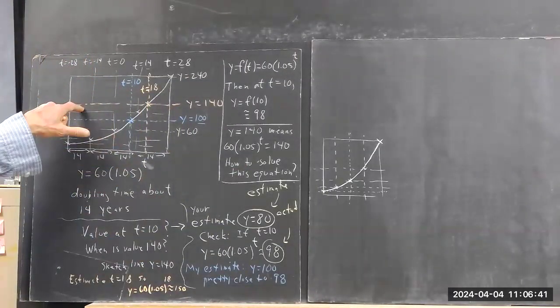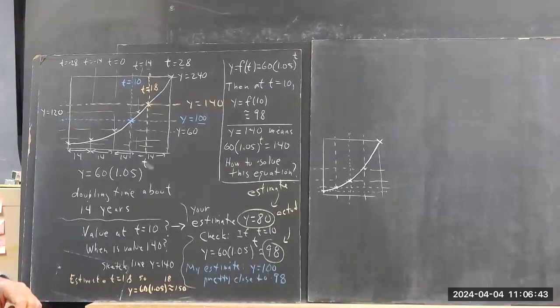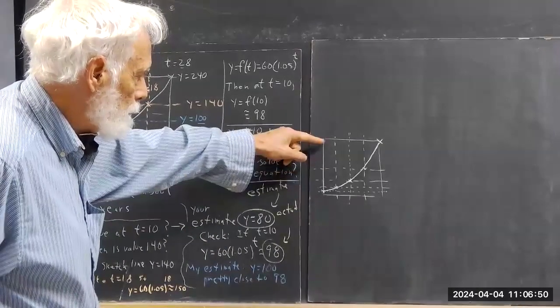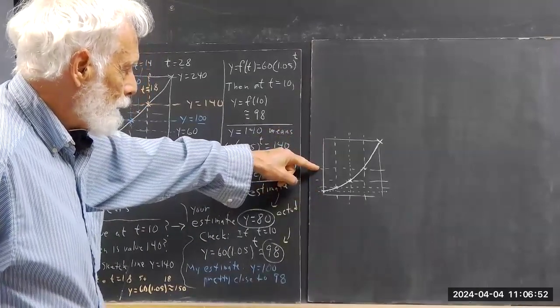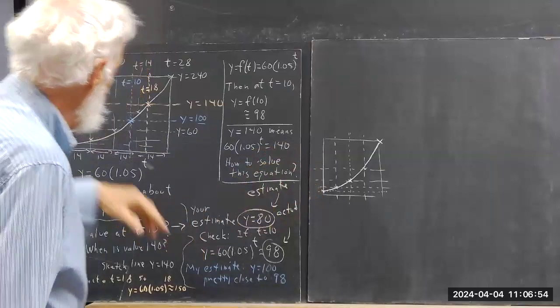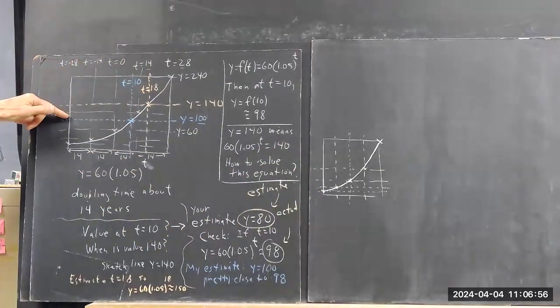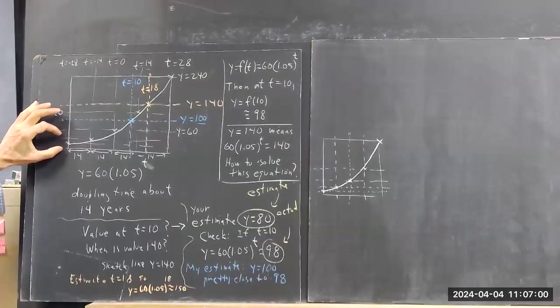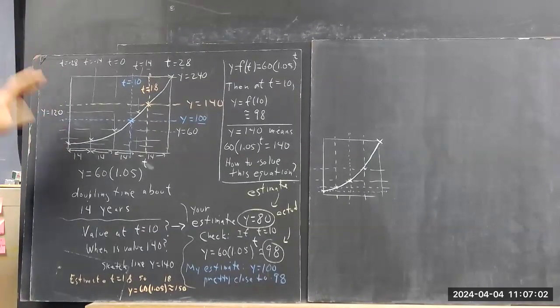Now I sketched the same graph over here, didn't do a very good job of it. You know, it's supposed to go halfway from here to here. So I go halfway from here to here, I get here. And then halfway from here to here is here. And, you know, I didn't quite get halfway when I did this. Maybe did a fairly good job of halfway here, and a little fuzzy here.